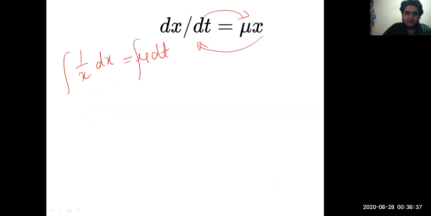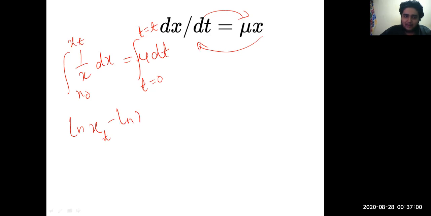And I'm integrating this from x naught to xt, some initial concentration to some concentration at time t, where time itself goes from 0 to t. Now, doing that, I'll get, 1 by x, integral of that is ln x, and because I have x naught and xt, it's basically ln xt minus ln x naught.